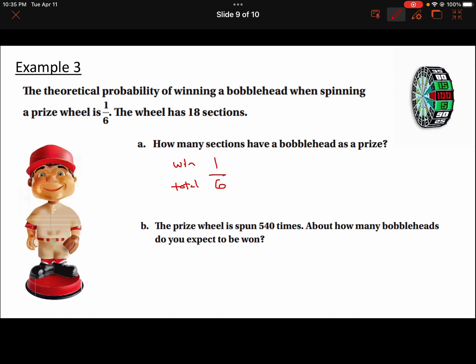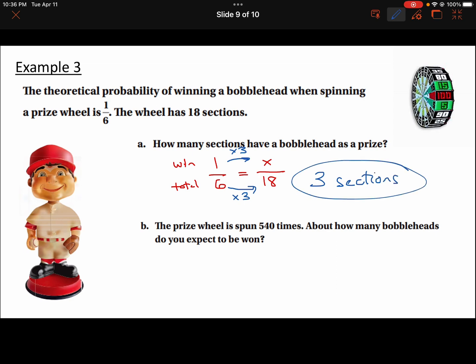So if there are 18 sections on the wheel, that would be the total number of sections. And once again, I'm going to use common multiplier because 6 times 3 is 18. So I'm going to do 1 times 3. And that means there would be 3 sections that are winners for bobbleheads.